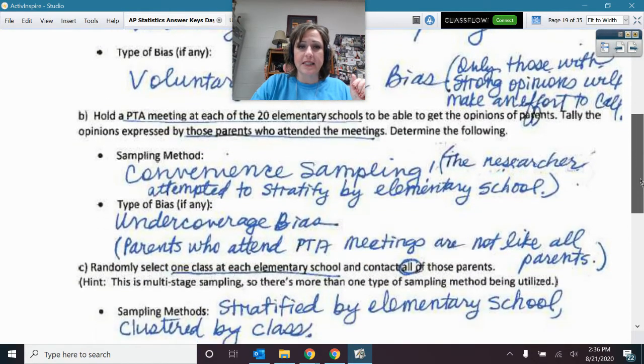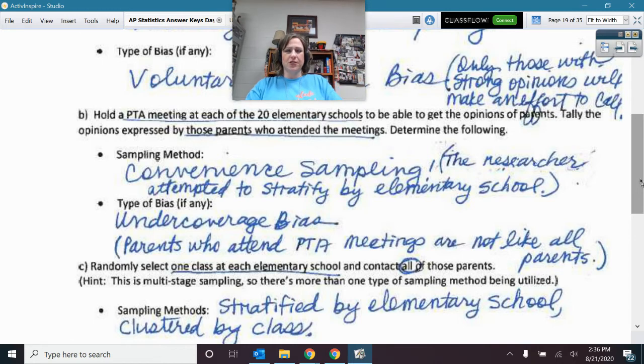All right, next. This one's interesting, because it sounds like they are attempting to do a good job at the elementary schools. There are 20 elementary schools, and they want to get the opinions from each of them. So it sounds like they are stratifying. I like that, and random.